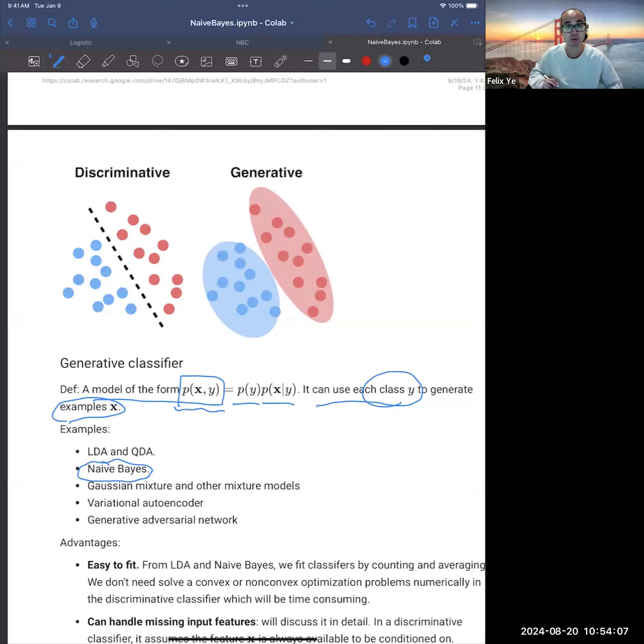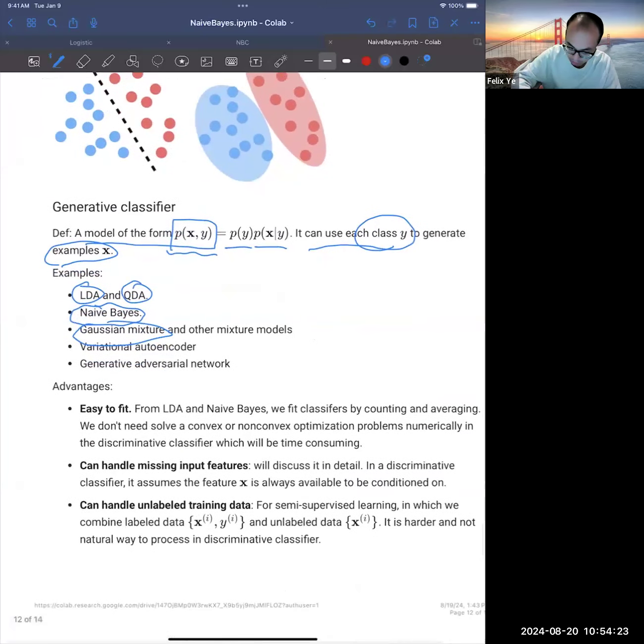There are other two parts that we're going to cover, which are LDA and QDA and the Gaussian mixtures. Both are generative classifiers. So basically, we're trying to maximize the joint likelihood. We're not going to talk about variational autoencoders in this course, and we're not talking about GANs in this course.